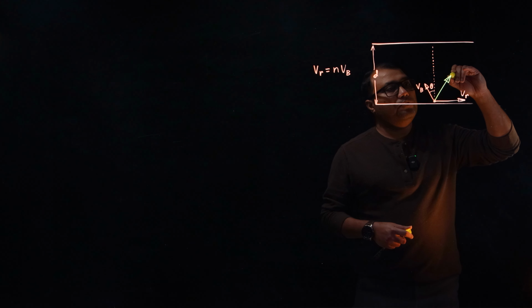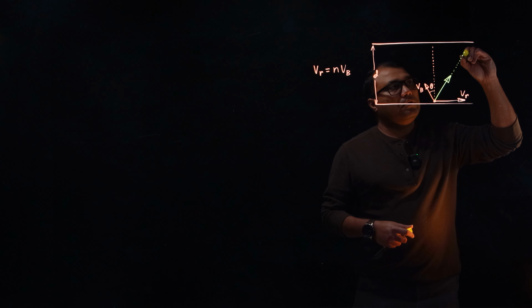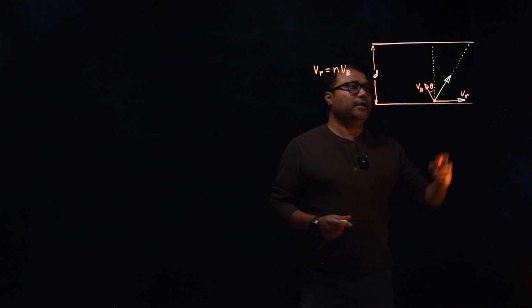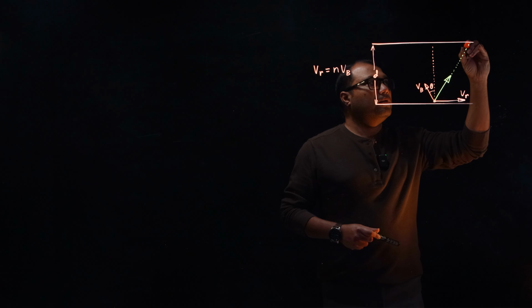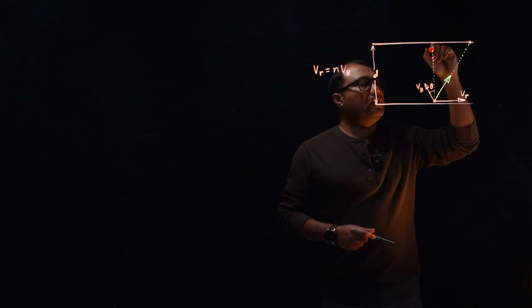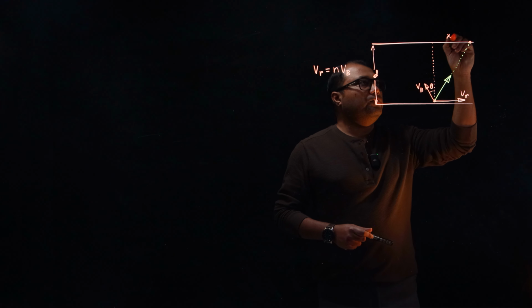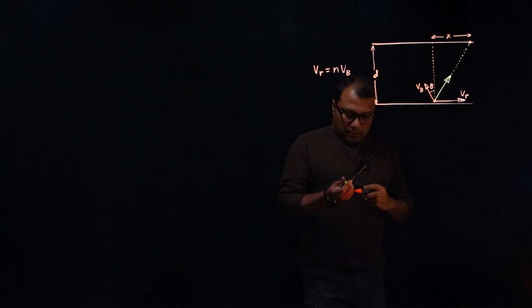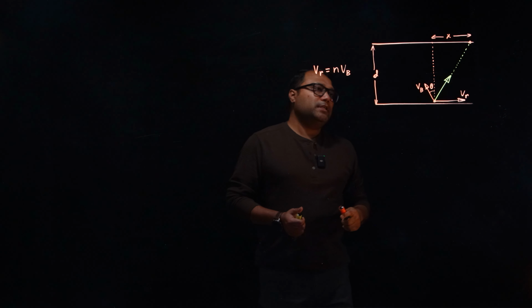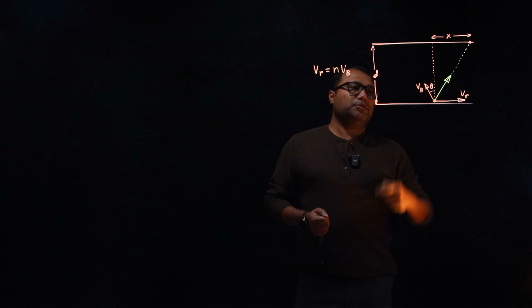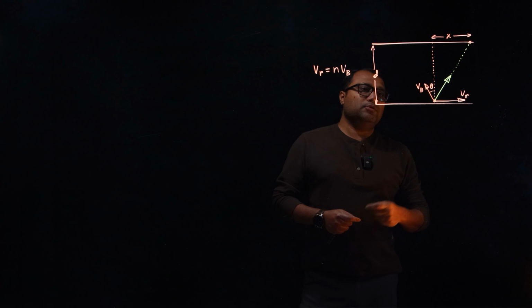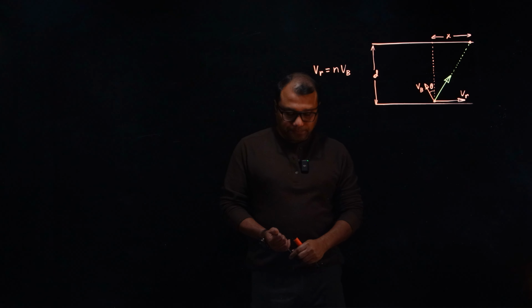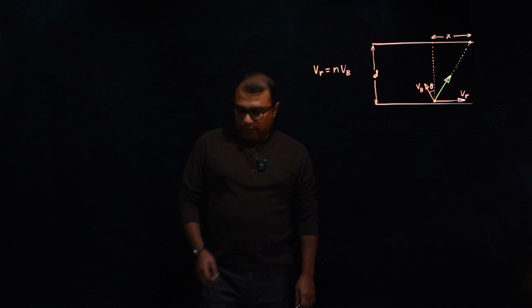So obviously the boat will reach the other bank of the river at this point. So this is what we are calling the drift. So the question here is, at what angle theta should the boat be moving so that this drift is minimized? So let's look at that.